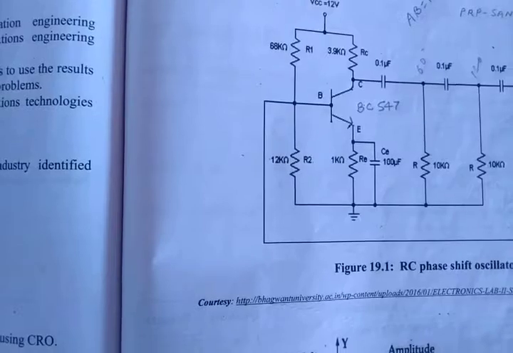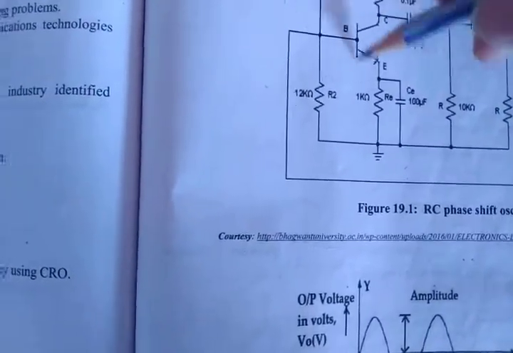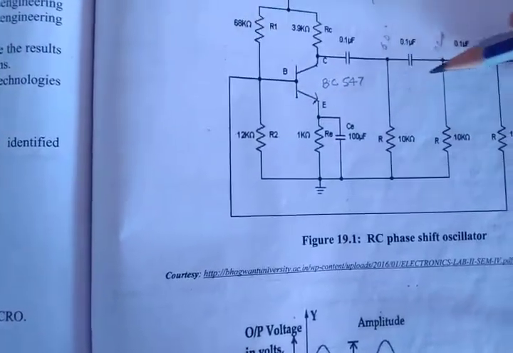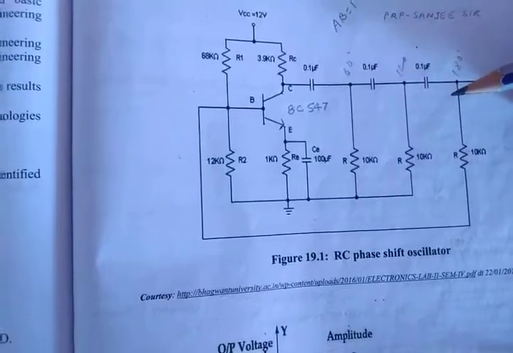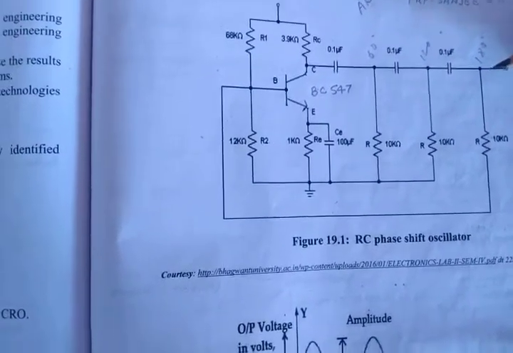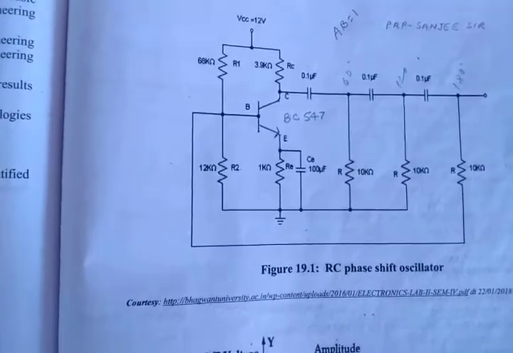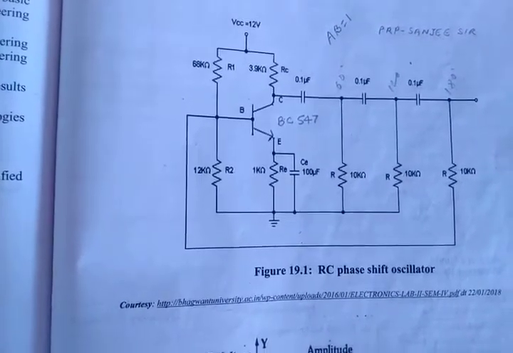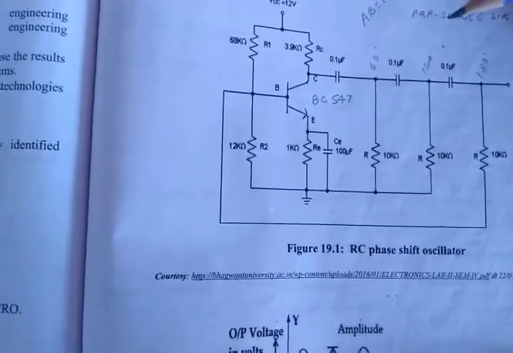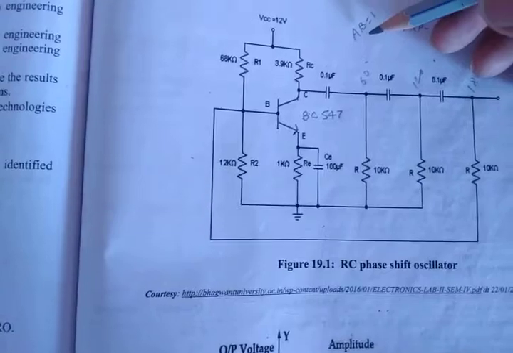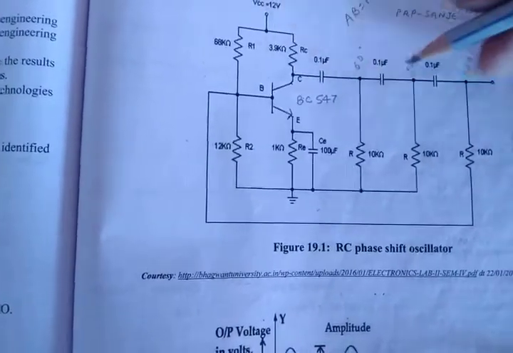So this is satisfied when the total phase shift, if we observe, is 180 degrees provided by the CE amplifier, and another 180 degrees by the 3 stages of the RC phase shift network. So the total phase shift is 360 degrees, that is equal to 0 degrees. So that satisfies the Barkhausen criteria for sustained oscillation. Generally the gain is kept slightly greater, so this product is kept slightly greater than 1, so that it compensates for the losses in the feedback network.